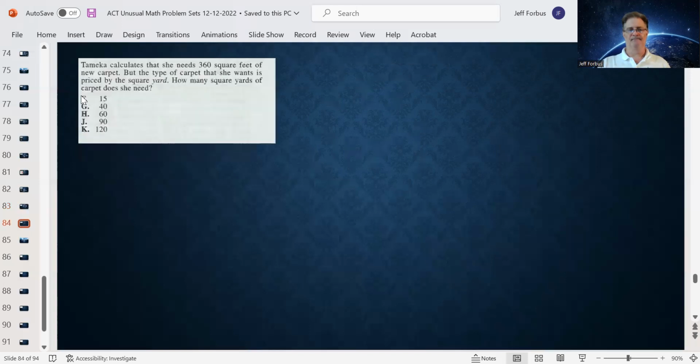Next problem. Tamika calculates that she needs 360 square feet of new carpet. But the type of carpet that she wants is priced by the square yard.